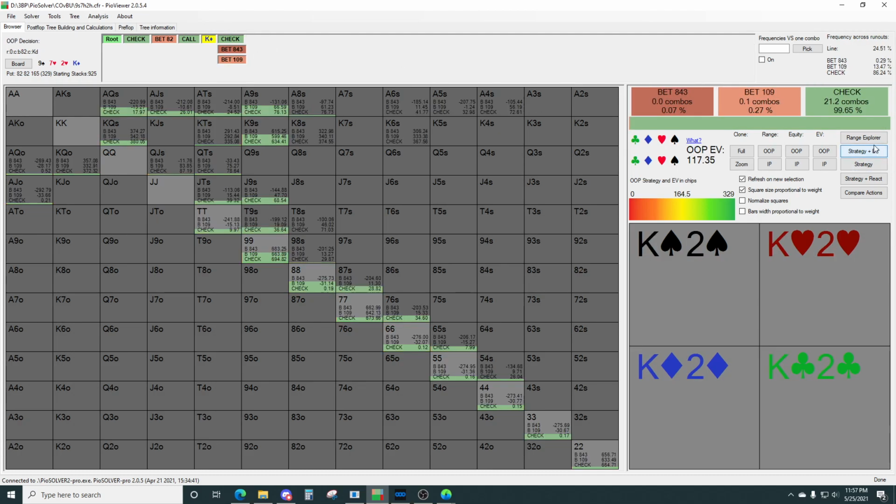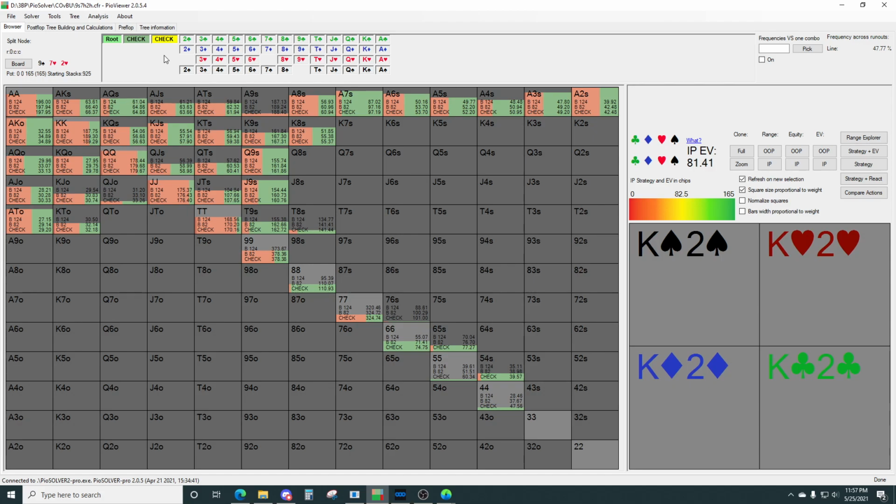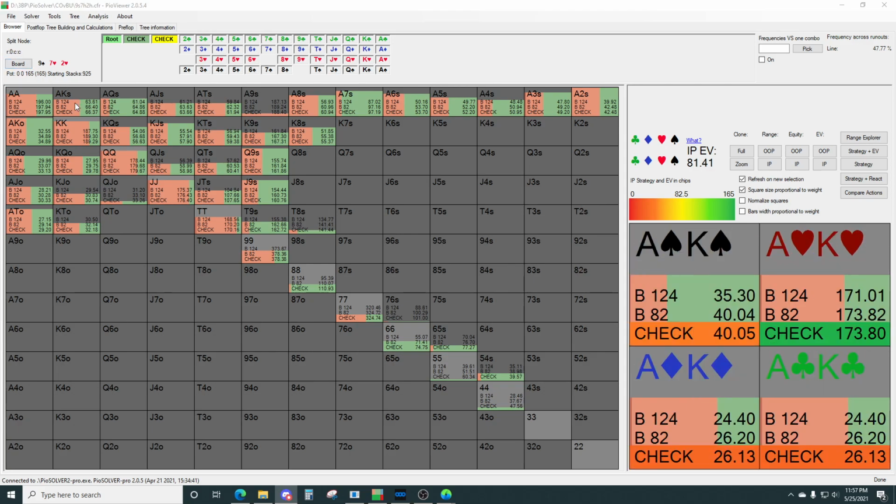So yeah, and then in check down lines. So Money, what do you think? On a turn deuce, what do you think happens?